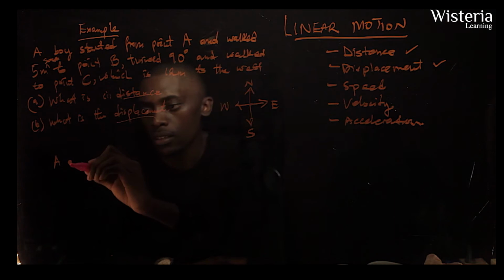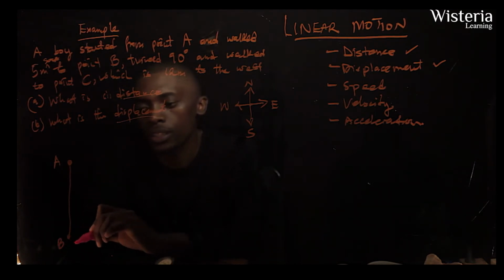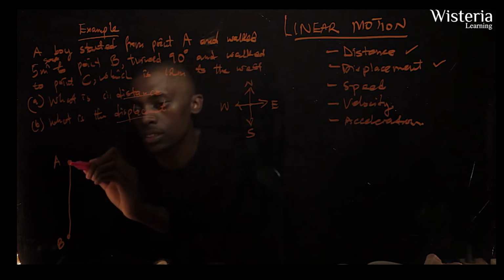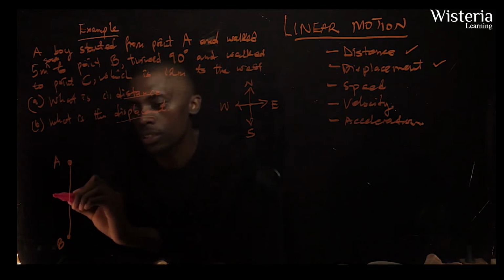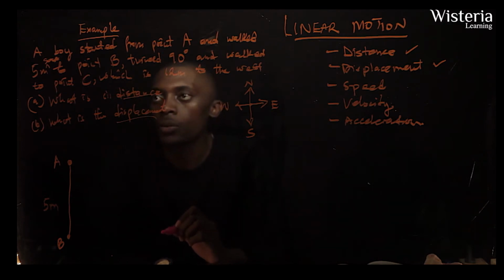So the south direction from this point is downwards. Let's imagine that this is where point B is. This distance from here up to here is 5 meters.